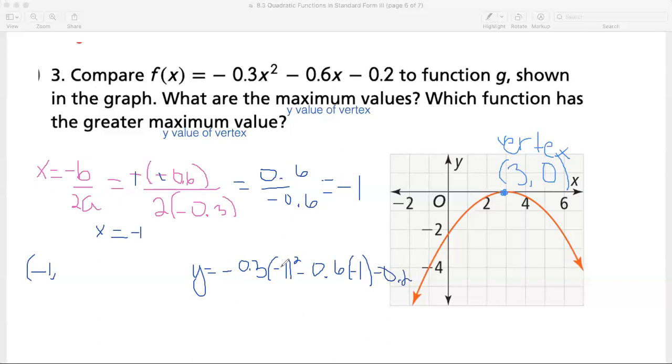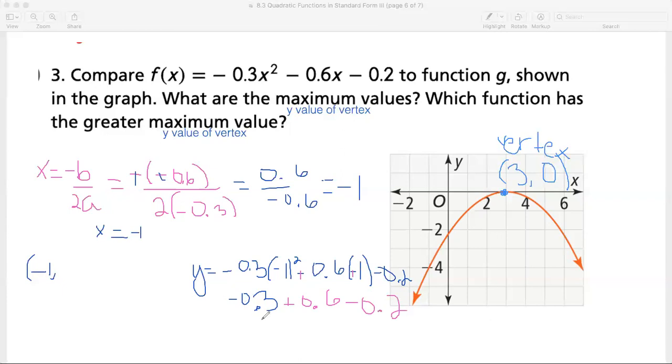Okay, so negative 1 squared is 1. 1 times negative 0.3 is just negative 0.3. We can work with that. And then negative 0.6 times negative 1 is going to turn into positive 0.6. So plus 0.6, and then minus 0.2.